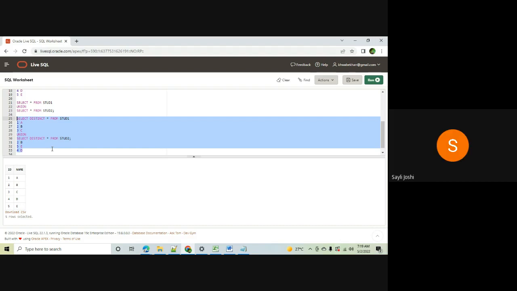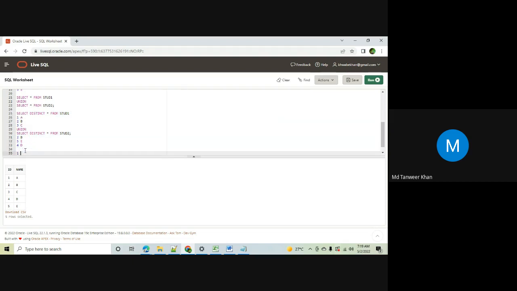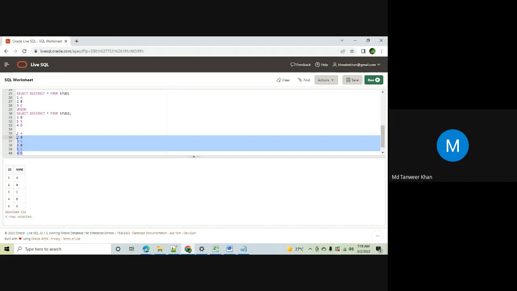No? Okay. Now after this, the result will be 1A, 2B, 3C, again 2B, because this 2B is present here, 5E, then 4D. Now again on top of this, it will check whether there is any duplicate.